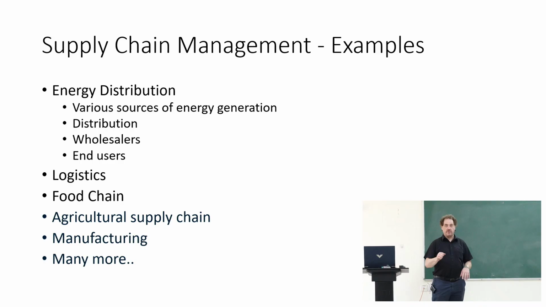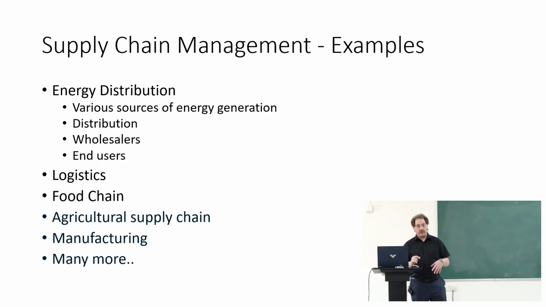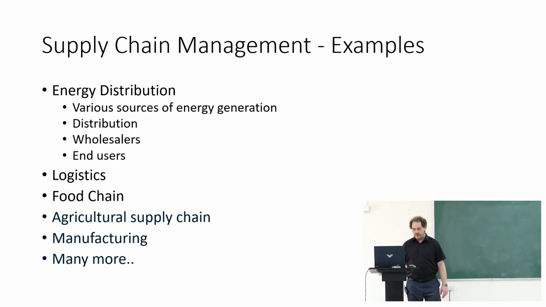Someone living next to a river would be installing a microturbine in the river, and this way would be producing small amounts of energy and injecting this energy into the power grid, right? But on a global scale, it's also possible to buy from other countries. There is a lot of energy trade between the countries in Europe as well. So this gives you the idea of the scale of supply chain in the case of energy distribution.